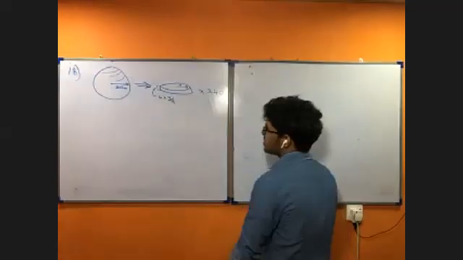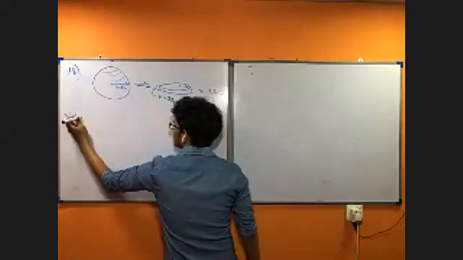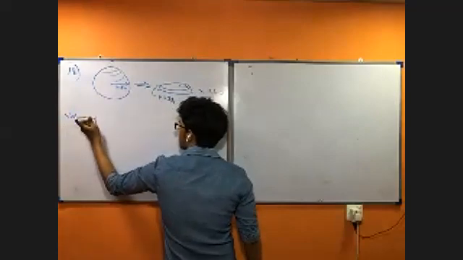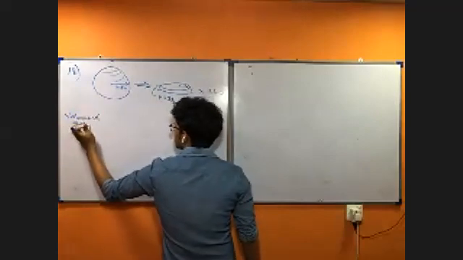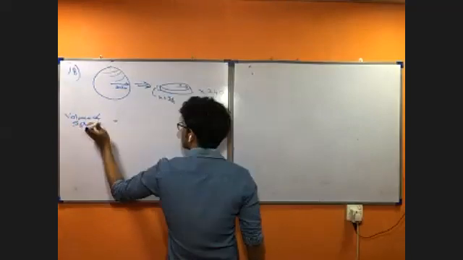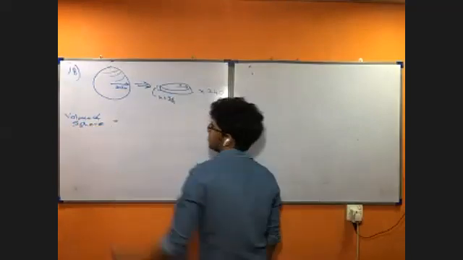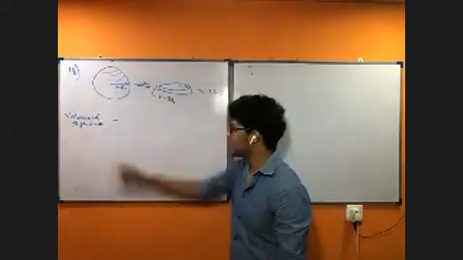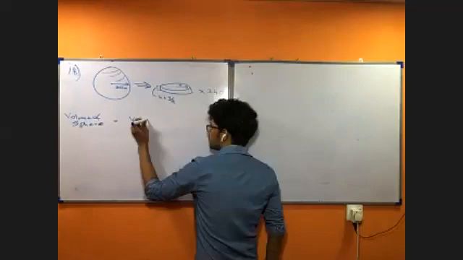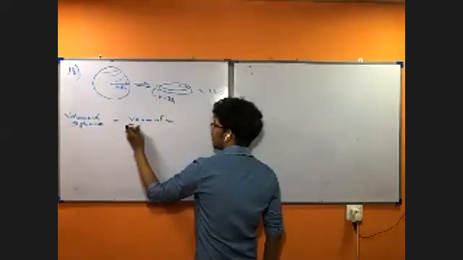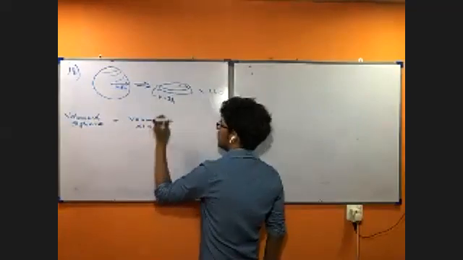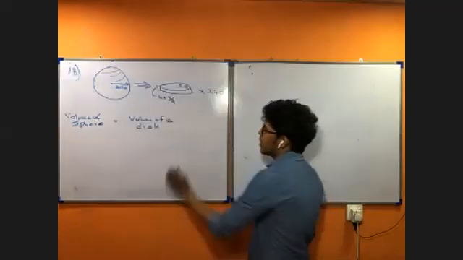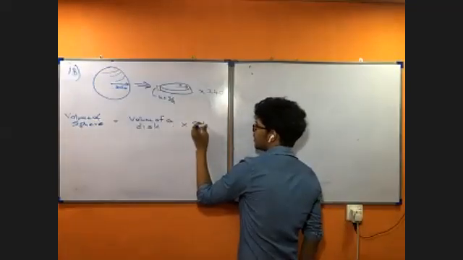This means the volume of the sphere is equal to the volume of one disc multiplied by 240, right?